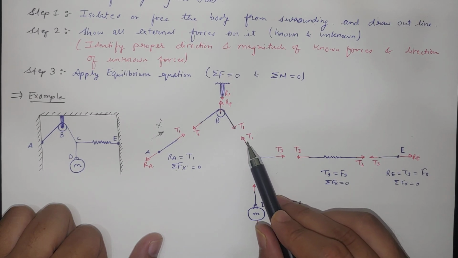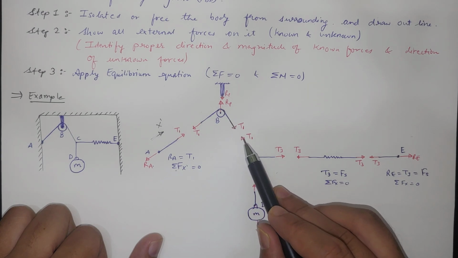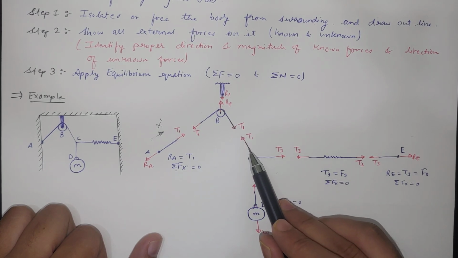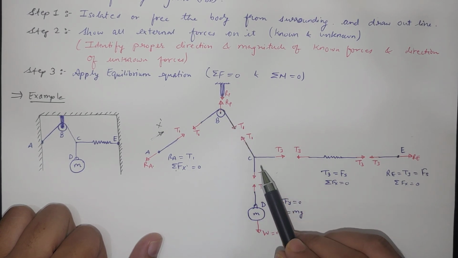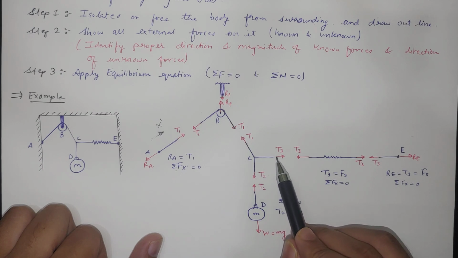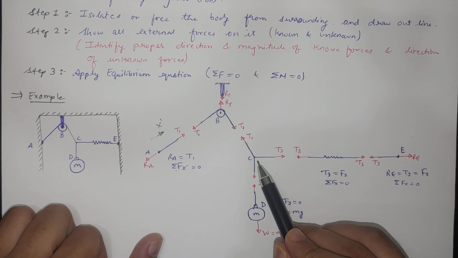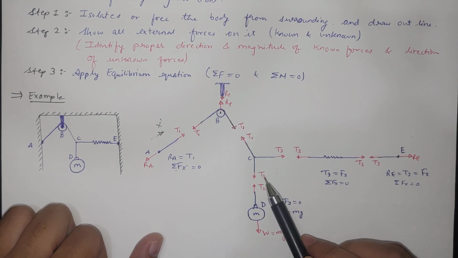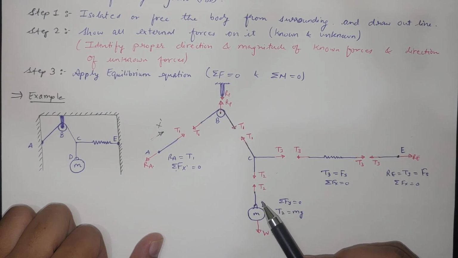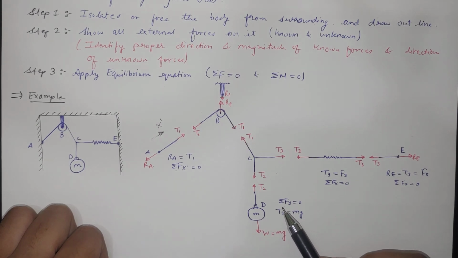Here T1, which is equal to this because we have taken a section here, T3 goes to the spring side, and T2 goes downward. Similarly, on the mass side there will be tension T2 and the weight of the mass, W equal to mg. If we apply summation of Fy on this mass, then T2 will be equal to mg.